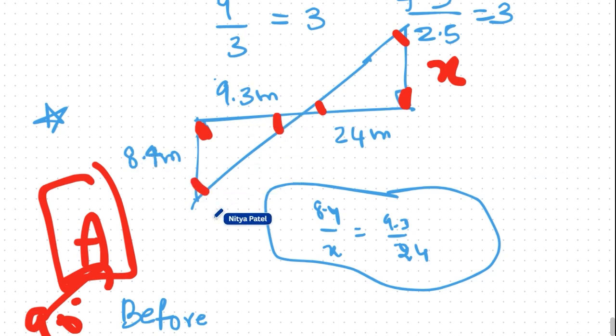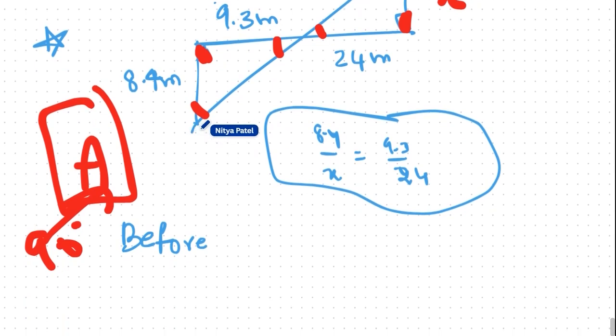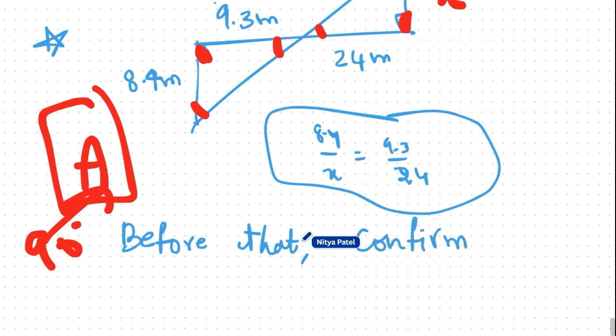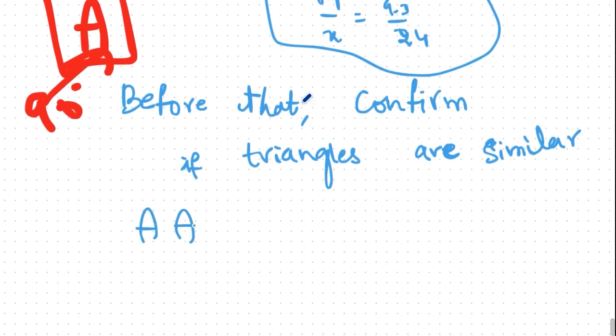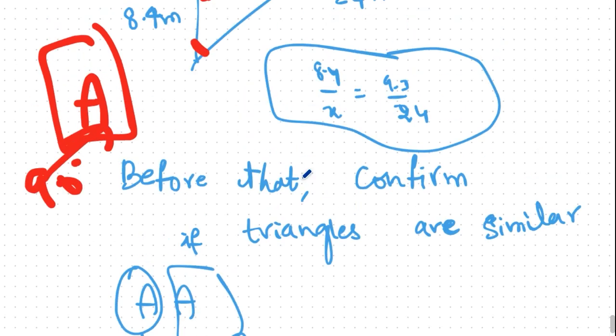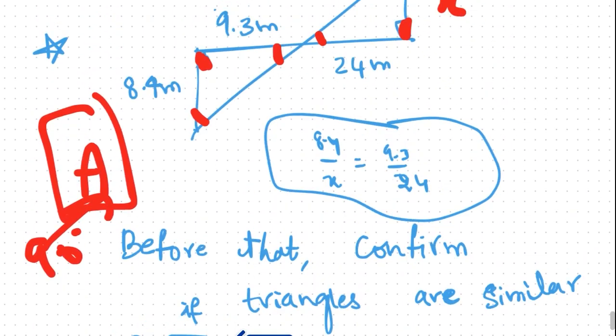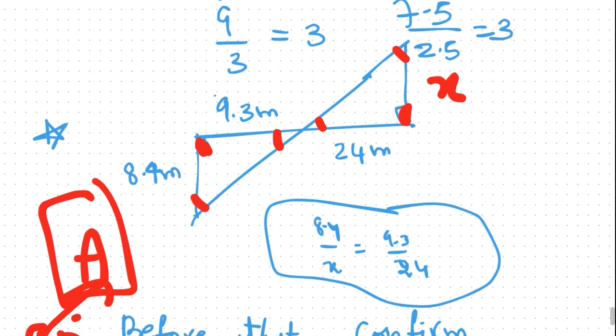These two angles add up to 90. So, AA criteria means we already got one A, 90 degrees. Can we find one more A? That is the question. I guess not.